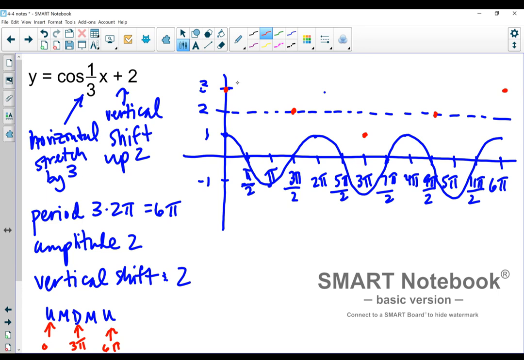But it's super easy to look at that and just see it. So up, middle, down, middle, up. So it ends up really kind of horizontally stretching that out. If I'd had bigger paper, it would be easier to see. But you can see it's definitely been stretched horizontally, not vertically, by 3.